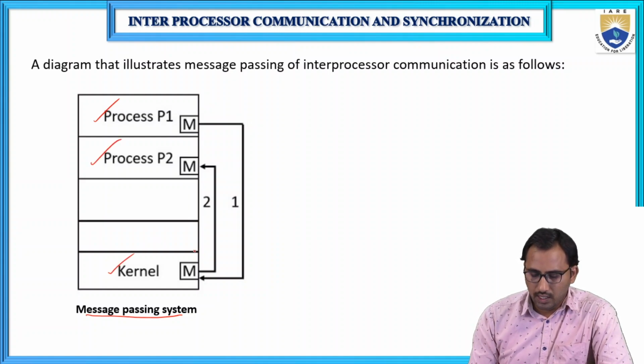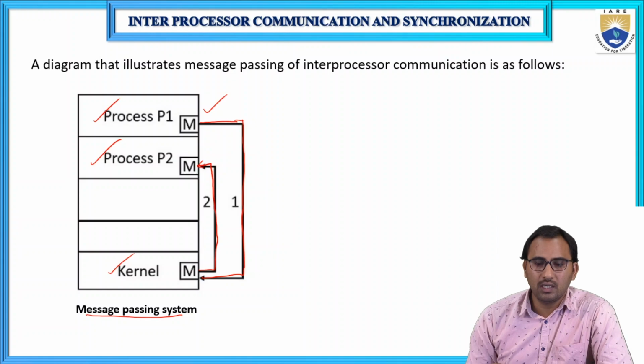Here process P1 is communicating, sending the data from process P1 to the kernel space. Similarly, from the kernel space, the data is transferred to process P2. In this way, by using this message passing technique, we can transfer the data from one place to another.